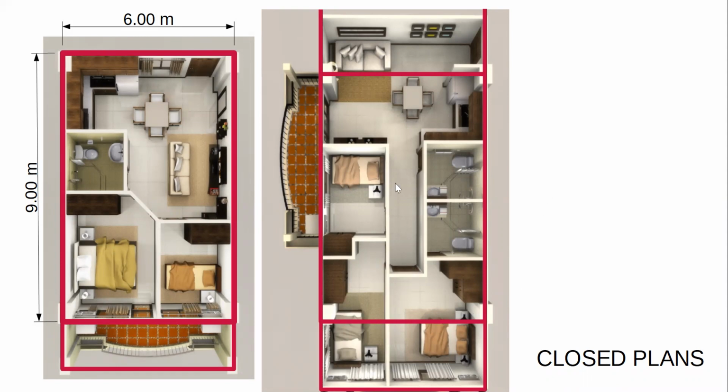If you make your condominium module, or condominium unit, a modular dimension like 6 by 9, and then it's also 6 by 9, it allows you more. One, it gives regularity to your structural framing, and two, it still allows you some flexibility in terms of designating spaces within that module of 6 by 9.